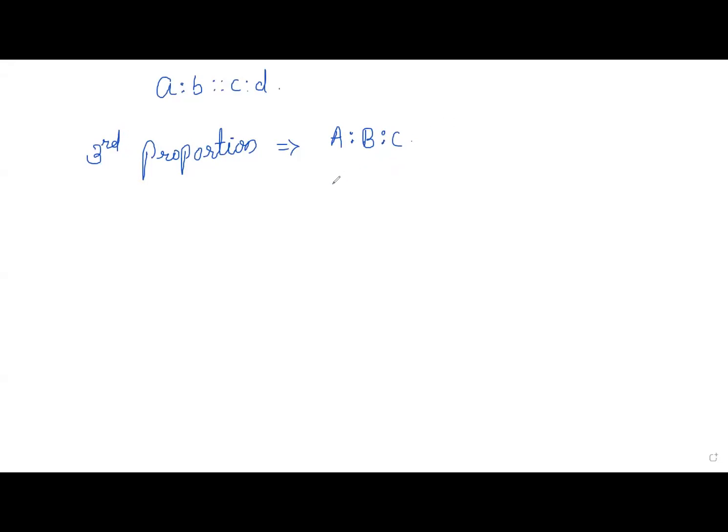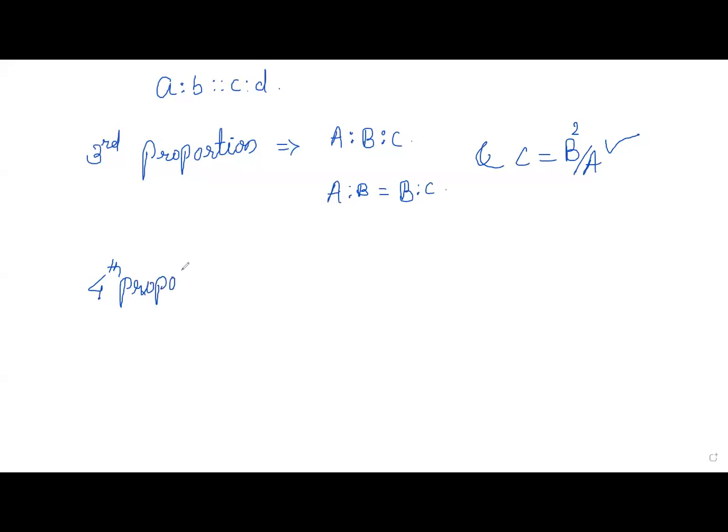As we know that a is to b is equal to b is to c, so here we calculate the third proportion. It will be c is equal to b square upon a. To avoid that lengthy calculation, directly you can use the formula c is equal to b square upon a.